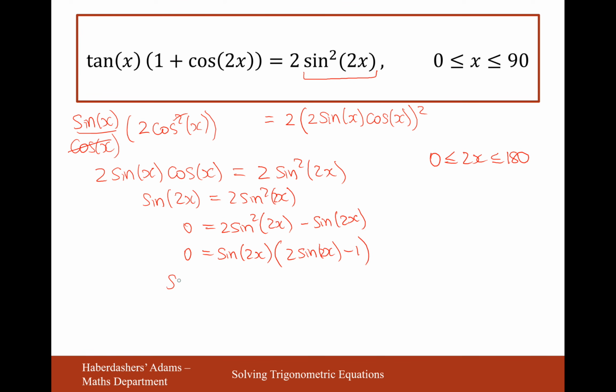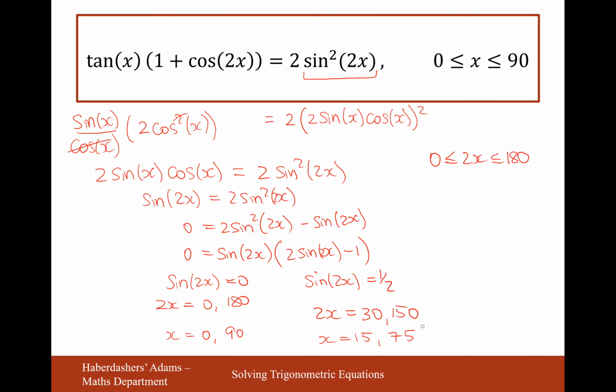So either sine 2x will equal 0, in which case 2x will be 0 or 180, or sine 2x will equal 1/2, in which case 2x is equal to 30 degrees or 150 degrees, in which case we then need to divide everything by 2, so it'd be 0, 90 degrees, 15 degrees, or 75 degrees. So there we are, we have 4 solutions to that equation there.